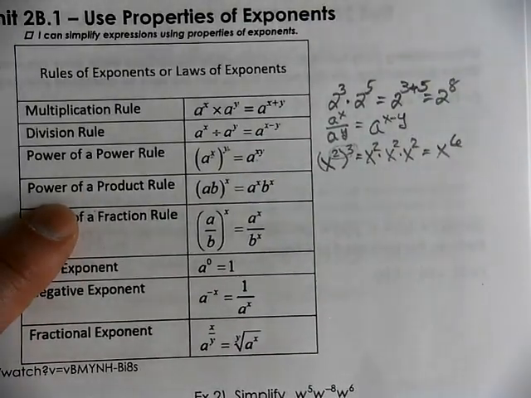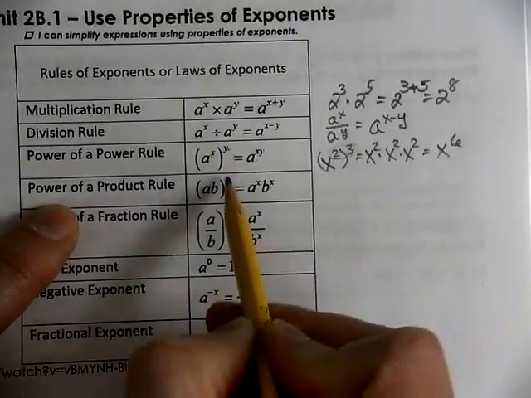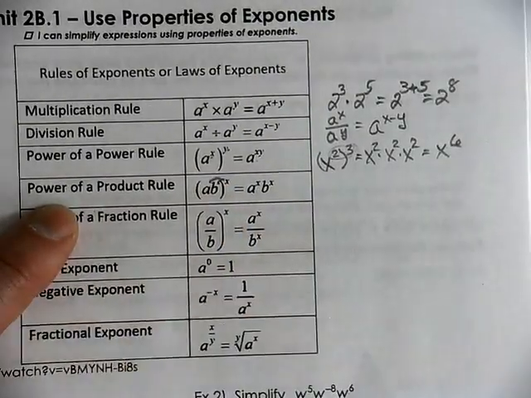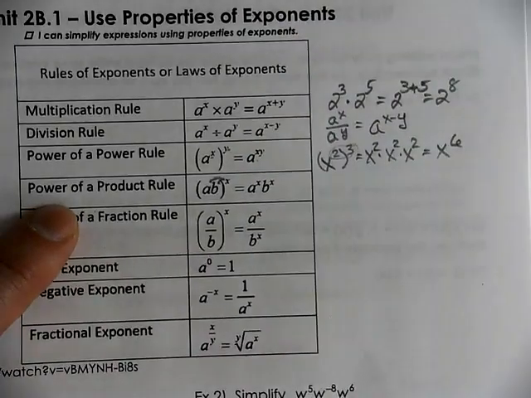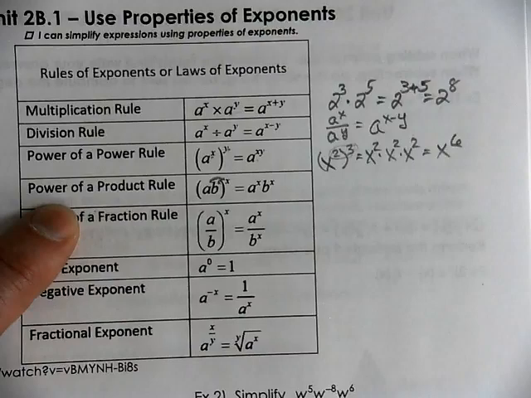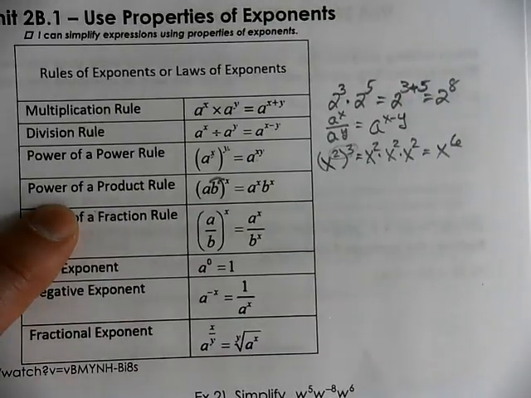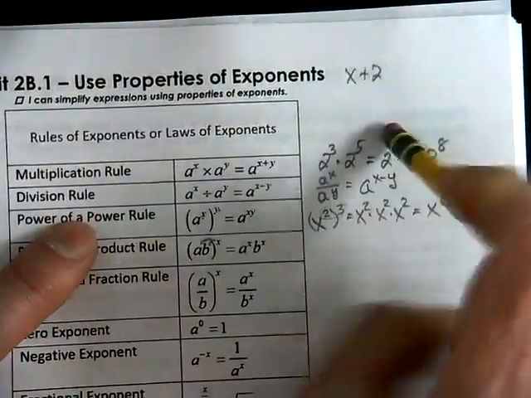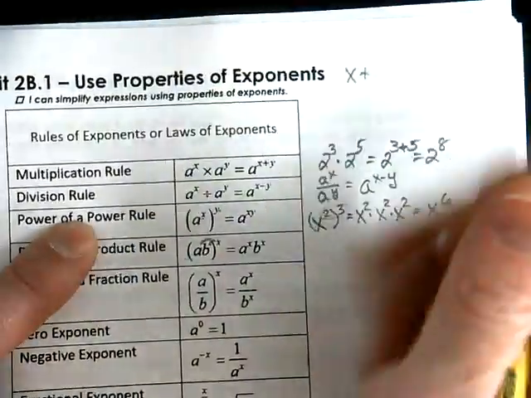The power of a product rule. This is where I say that you distribute that exponent in. You distribute it into the parentheses. But to distribute it into the parentheses, you hear a conflict of what we've said before. I mentioned before you cannot distribute into the parentheses.